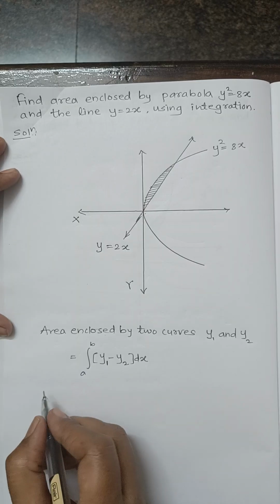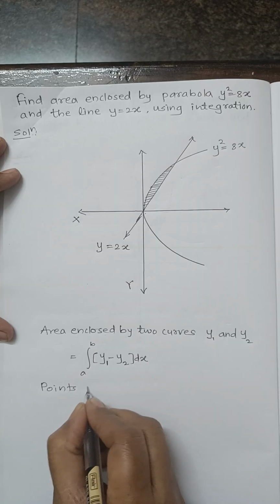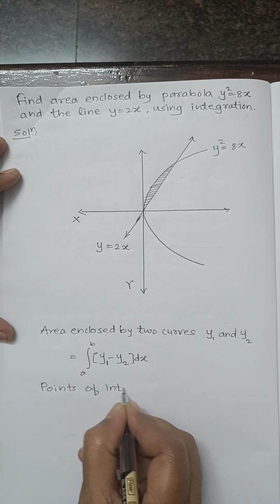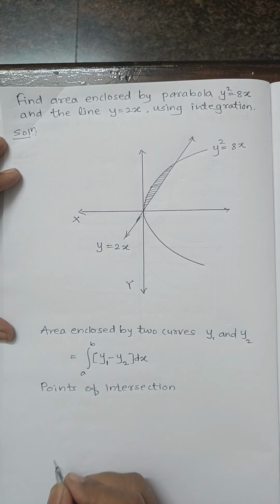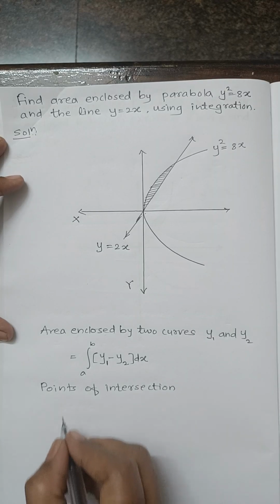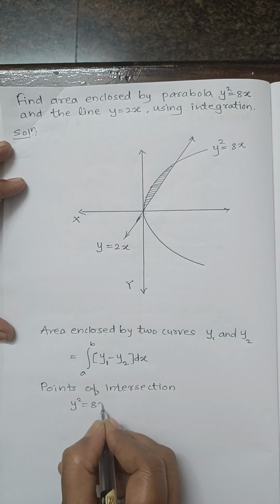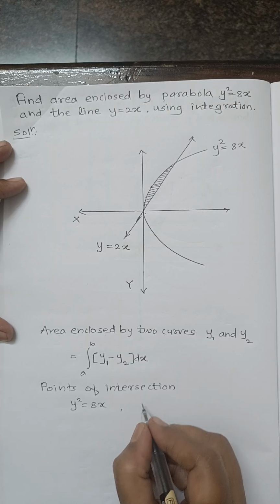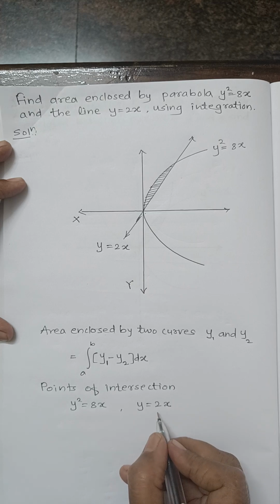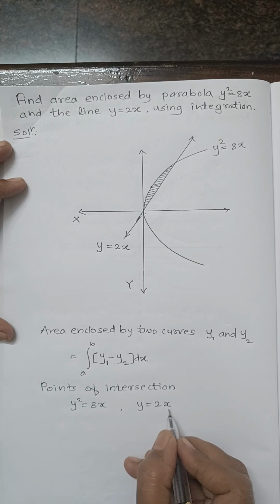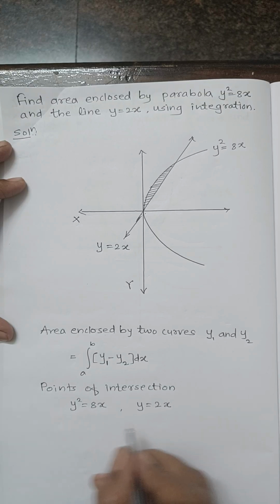Now let us find the points of intersection. The first equation is y square is equal to 8x, and the second equation is y is equal to 2x. Now we can put the value of y is equal to 2x here, by the substitution method.